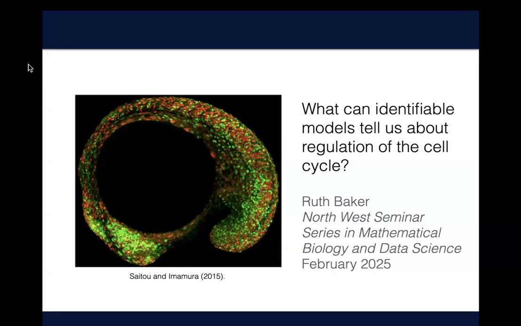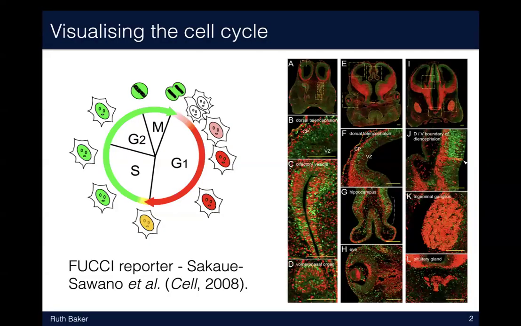In particular, the key data that I'm going to use today is data like this that's on the slide, and this is data that's collected where the cells have what's called a feature reporter. So they're engineered to have this feature reporter in them. And what does that really mean? Effectively, in the early part of the cell cycle, G1, the cells express a red fluorescent protein.